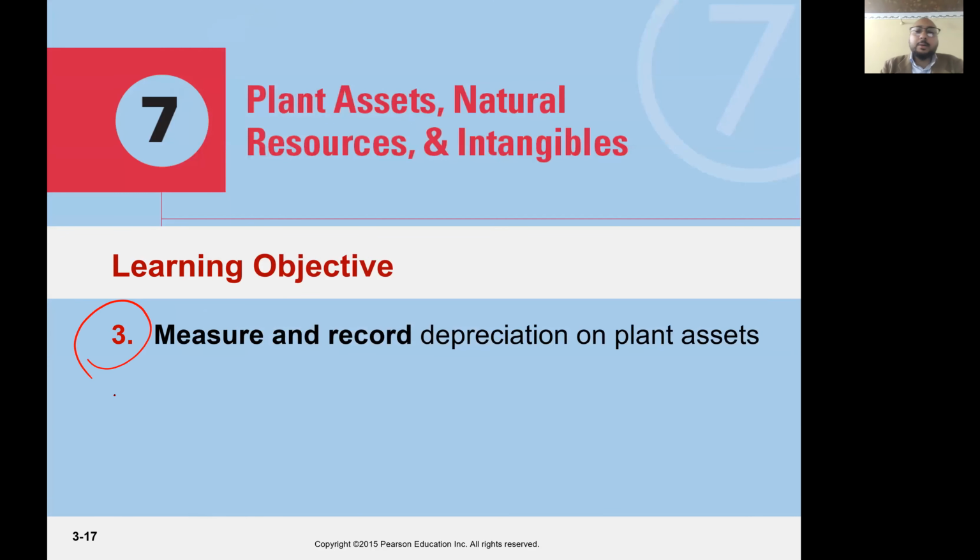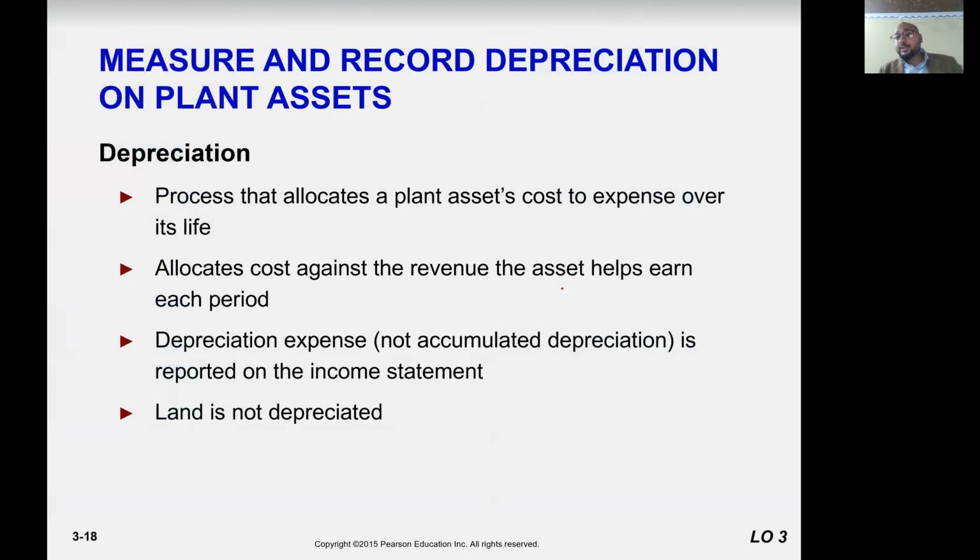The third learning objective is, let's talk about the treatment for decrease in the value of plant assets, depreciation. So what is depreciation? If previously you didn't understand depreciation, now it's the time, because we will be thoroughly studying depreciation. All right, so please be attentive here.